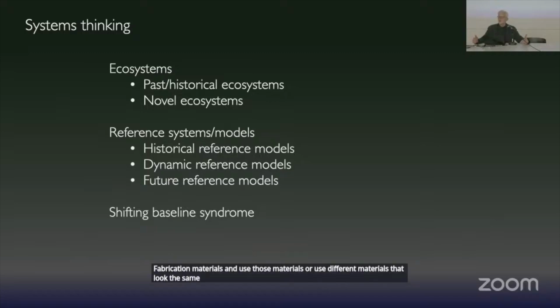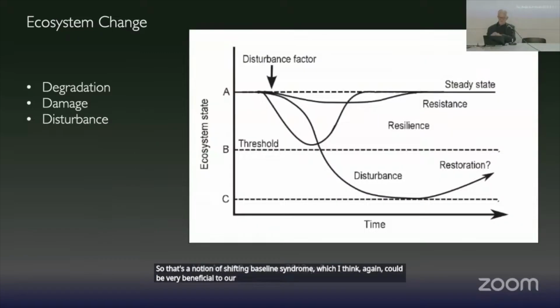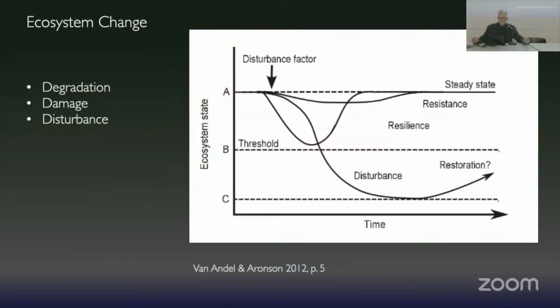And now younger generations are certainly talking about other priorities, such as climate change, such as introducing indigenous thinking into the work that we do. So that's a notion of shifting baseline syndrome, which I think, again, could be very beneficial to our field.